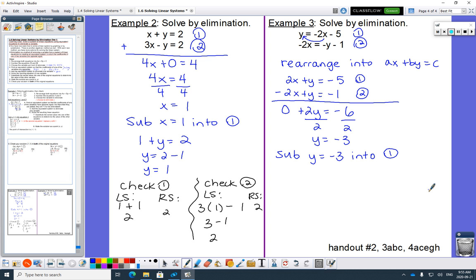So now you have a choice as well. So maybe you don't trust yourself and you want to go back to the original. Okay, there's no fractions here, so you can do that. If you don't trust your rearranging.